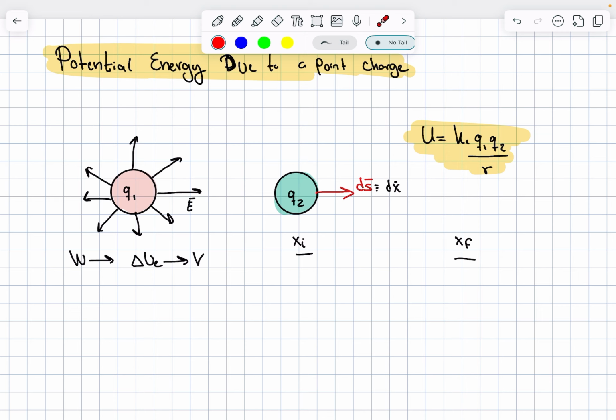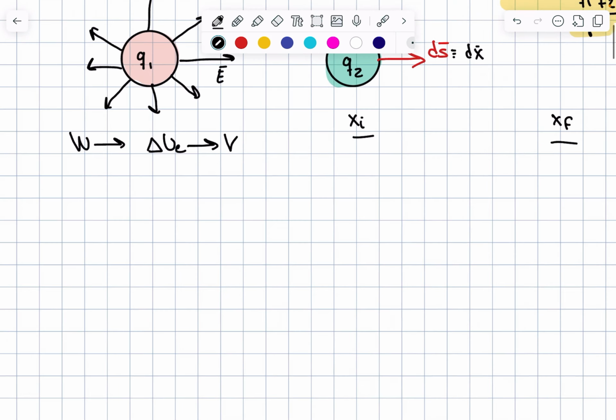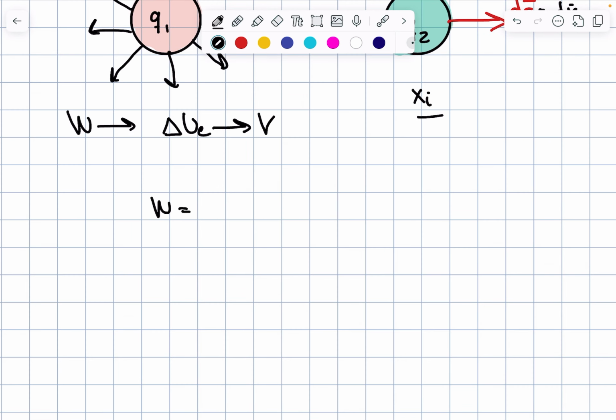We want to first figure out how much work it takes to move Q2 from x initial all the way to x final. Usually we talk about ds, a little segment along the path of motion. Here we're just going in one direction and it's dx. So we can write out our work equation, which is the force, which is Q2 times E, from x initial to x final, and then we have E dot ds.